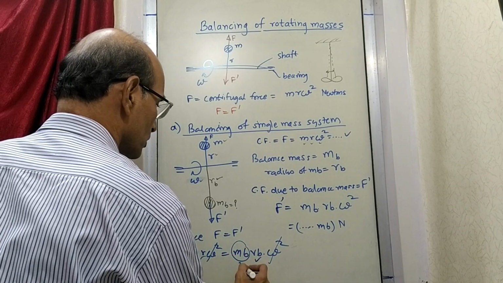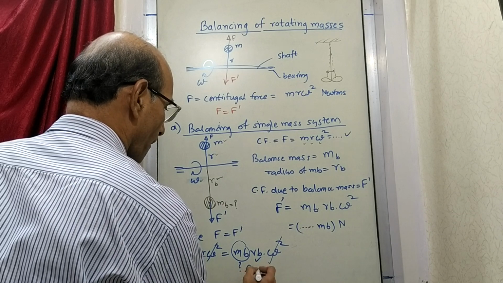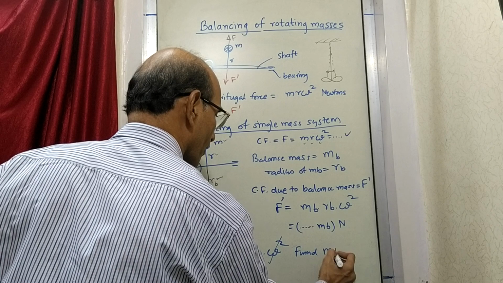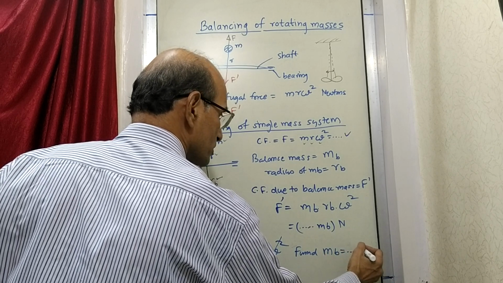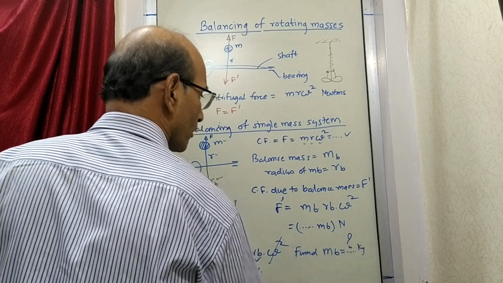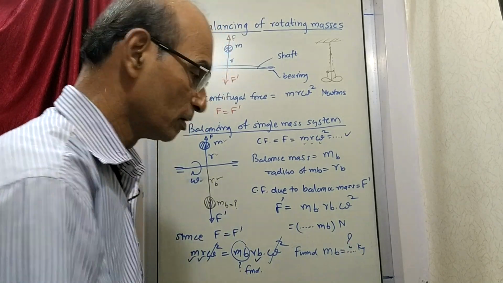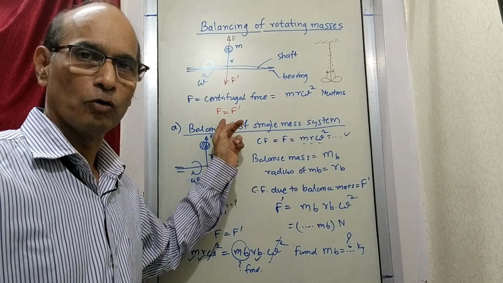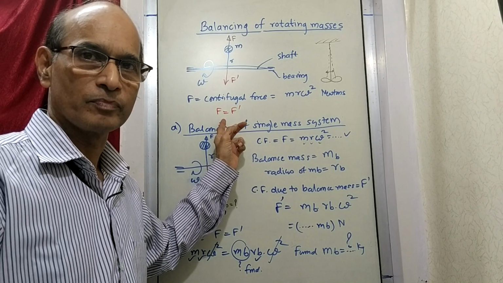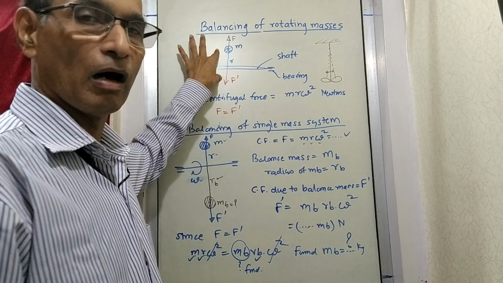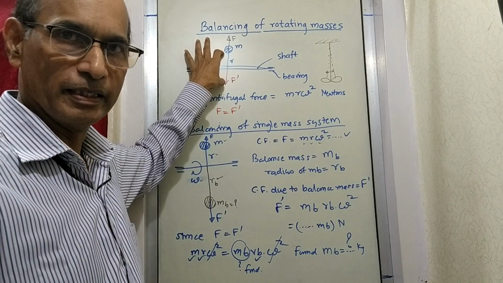Only mb is not given, which you can find out, how many kg is the answer. That means by making use of this principle, we balance a single mass system by adding a single mass, which is what we have earlier learned as a small part of the theory.